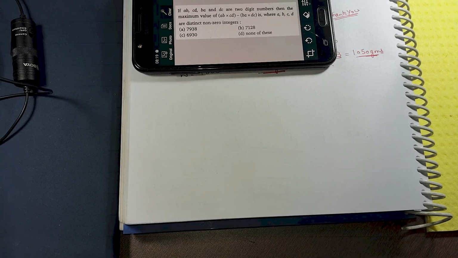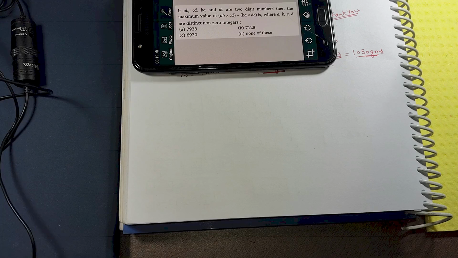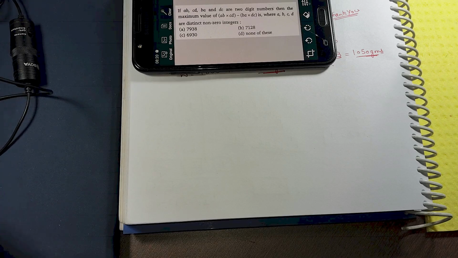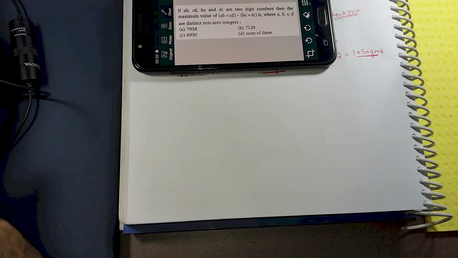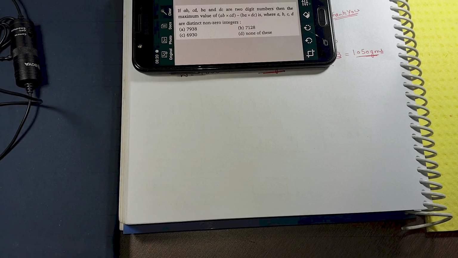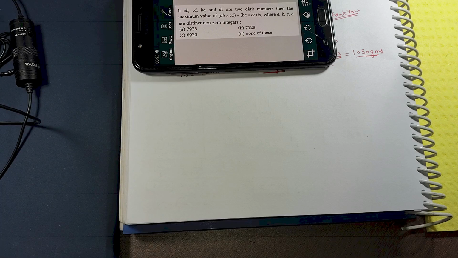Hello students. Today's first question is: if AB, CD, BA and DC are two-digit numbers, then find the maximum value of AB into CD minus BA into DC, where A, B, C, D are distinct non-zero integers.